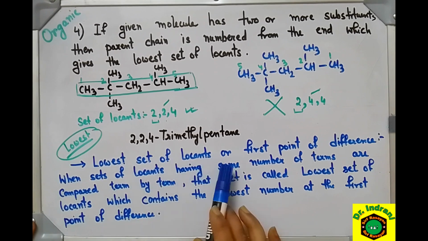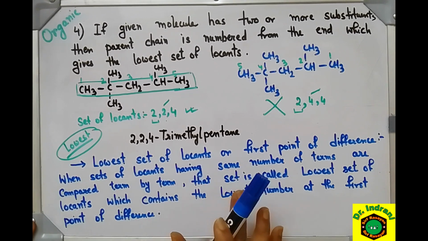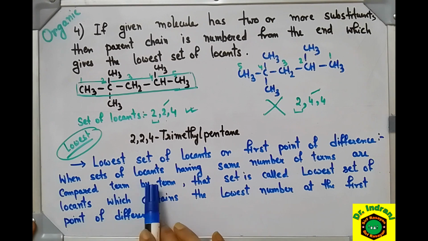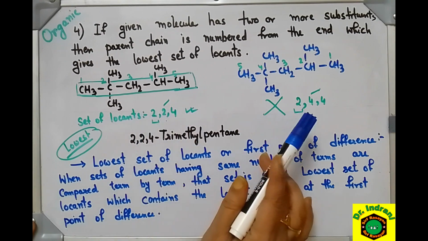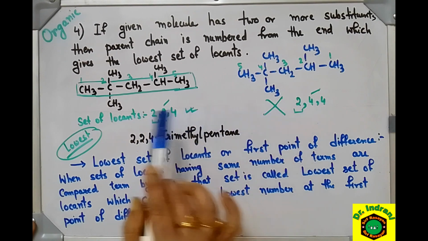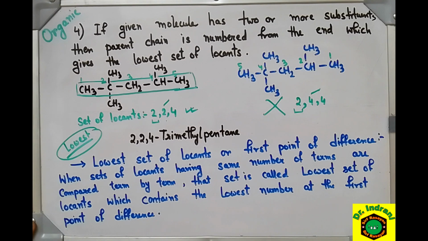Lowest set of locants or first point of difference. What is it? When sets of locants having same number of terms are compared term by term, means here 3 terms are there in this set of locants, 3 terms are there. So sets of locants having same number of terms are compared term by term.